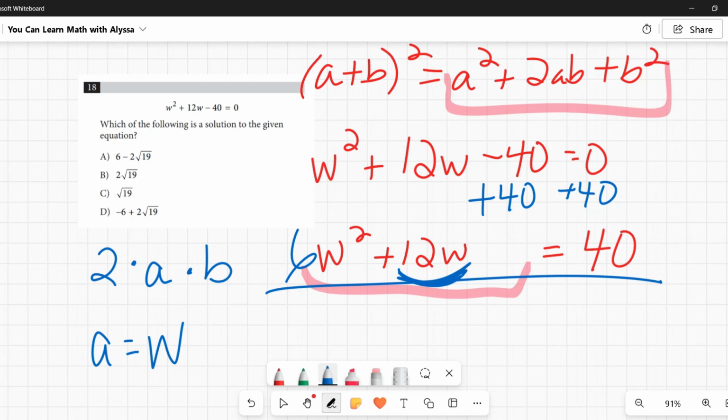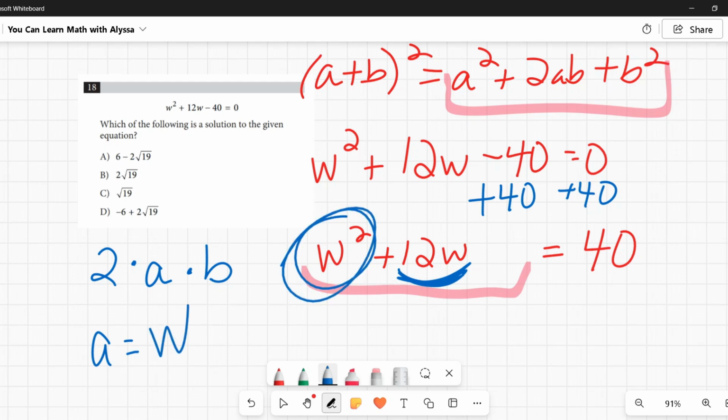Will it create unwieldy fractions that make your life miserable? Oh yes, it will. Absolutely. It's another reason why people don't like completing the square, because you get crazy fractions. But you have to, it has to be just a plain x squared, w squared, what have you, so that your a term is just x or w, like that.